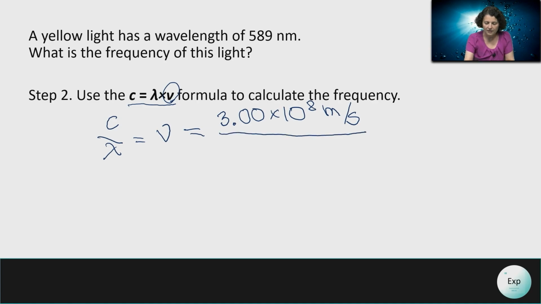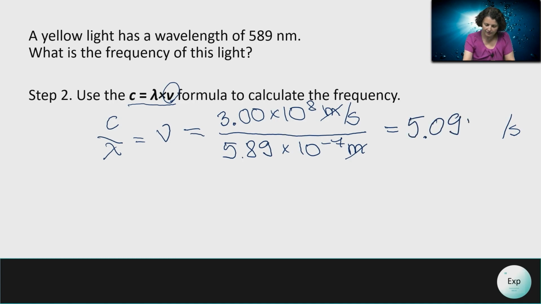And we divide this by the wavelength in meters that we just calculated, 5.89 times 10 to the negative 7th meters. The meters will cancel, and the units will be per second or hertz. The number that we're going to get is 5.09 times 10 to the 14th per second or hertz. And with that, we answered the question related to frequency.